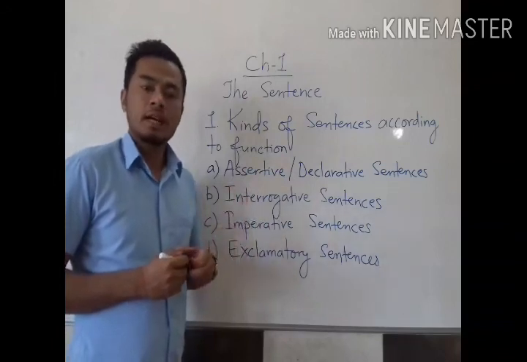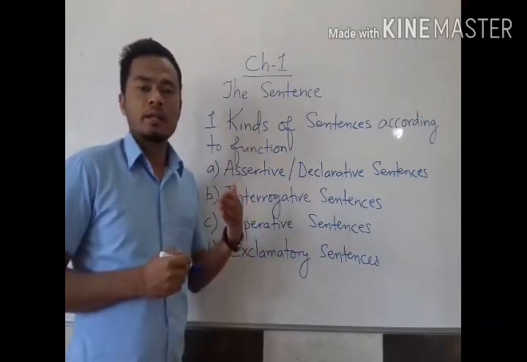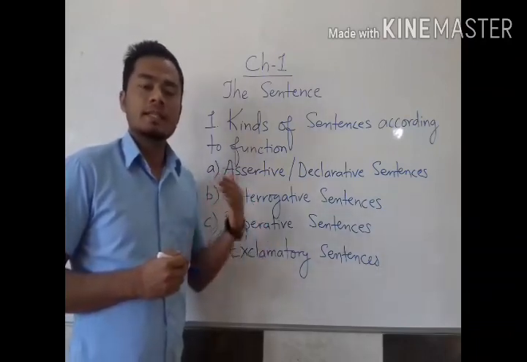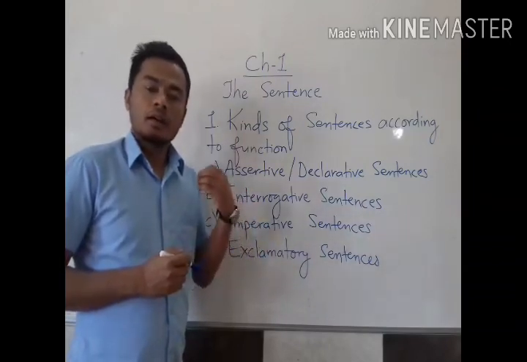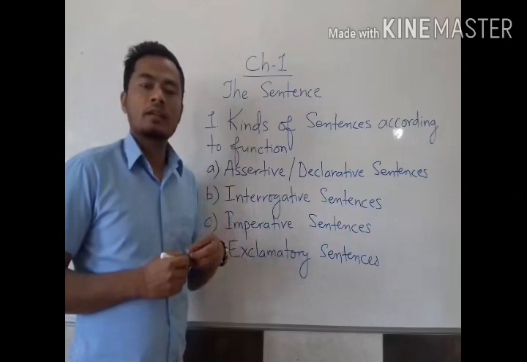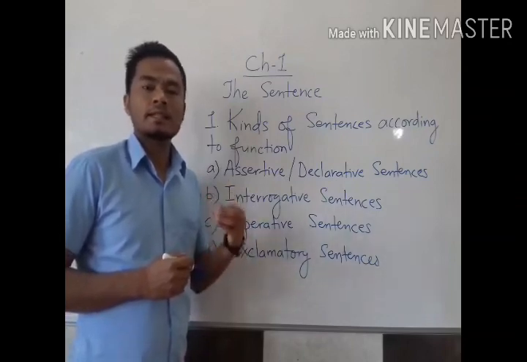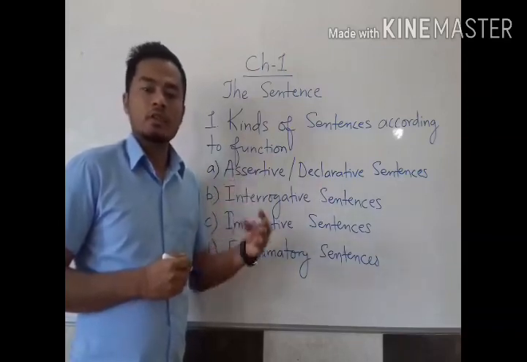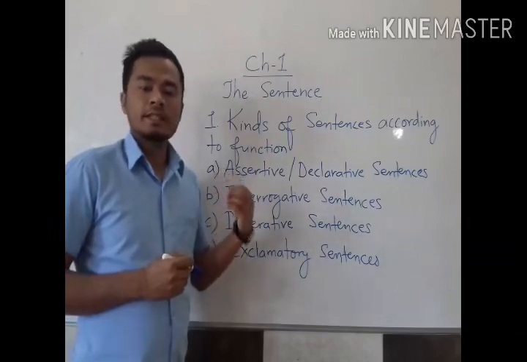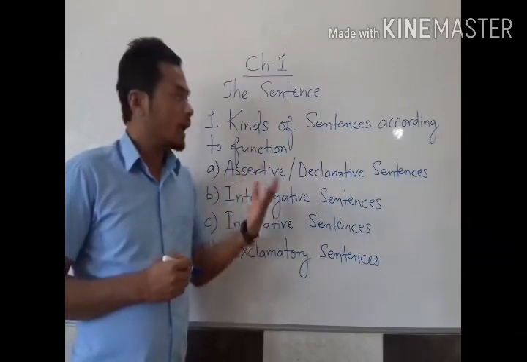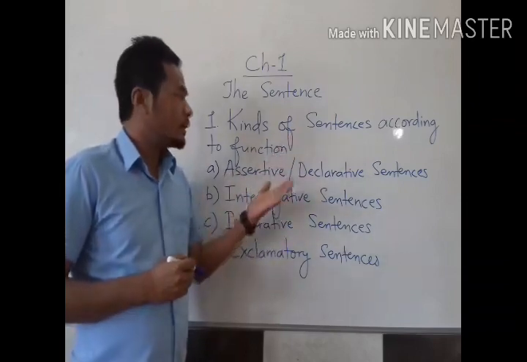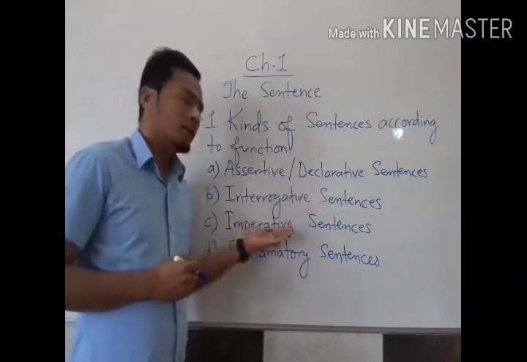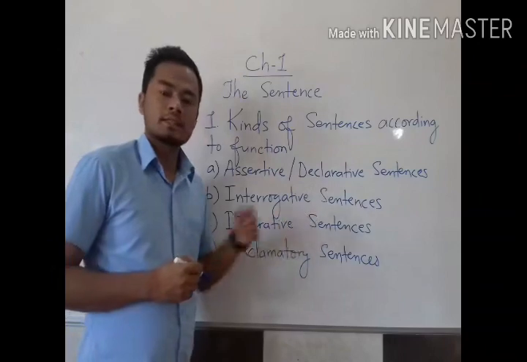Function here means the way each sentence delivers a message or any kind of information, because each sentence expresses a kind of message that it conveys. According to the kinds of messages and information that each sentence conveys, we have four main kinds of sentences: assertive or declarative, interrogative, imperative, and exclamatory.